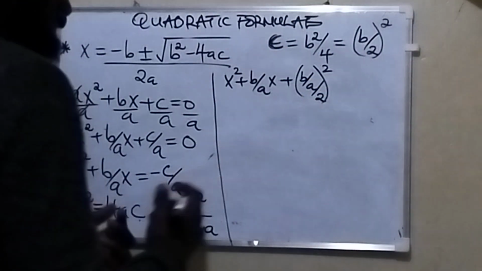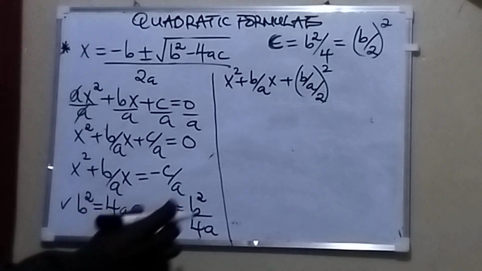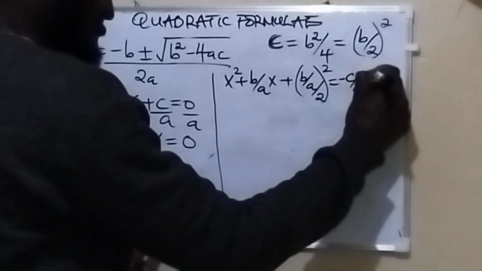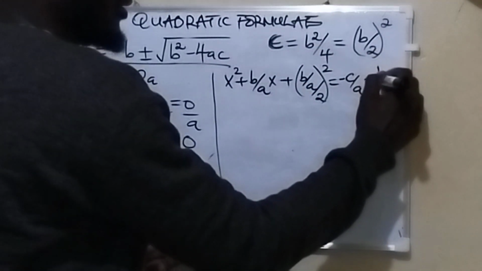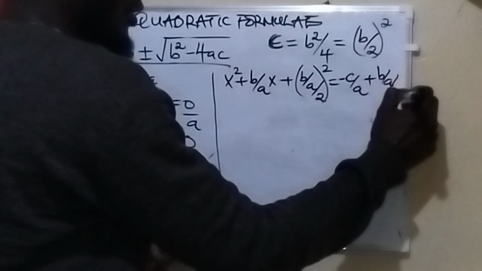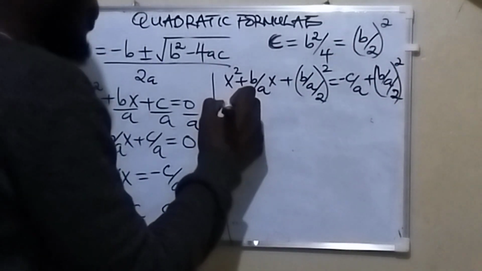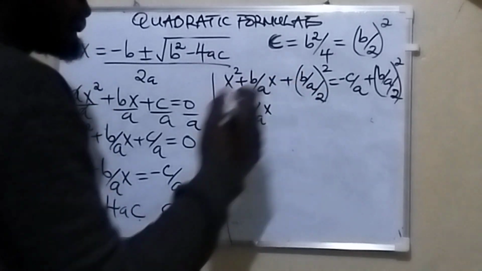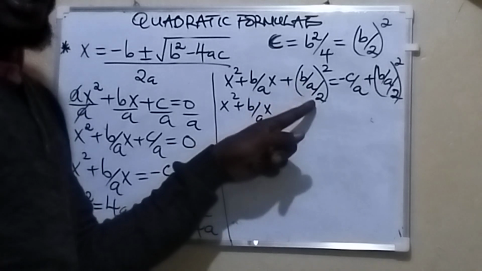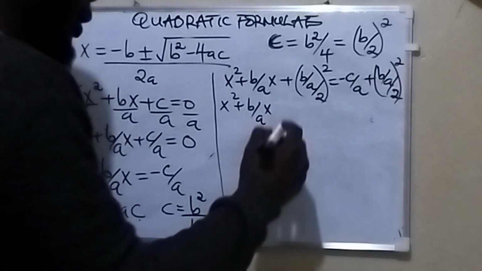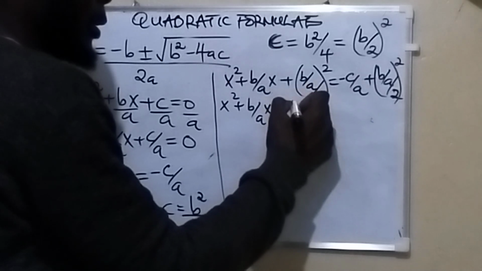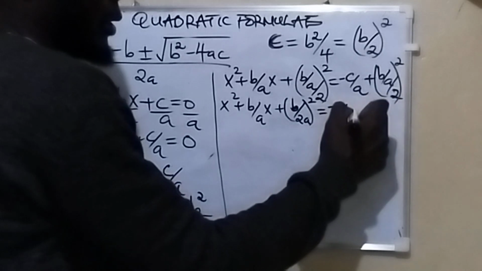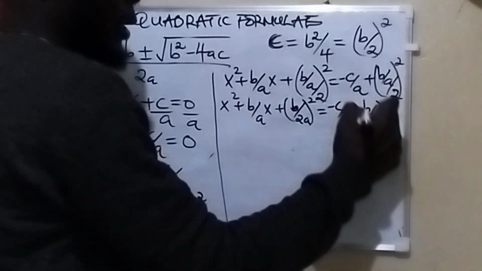That is our c. To balance the equation so that we don't change anything, we also add c on the other side. So it equals negative c over a plus b over a over 2 in brackets squared. So you'll have x squared plus b over a x plus b over 2a squared, is equal to negative c over a plus b over 2a squared.